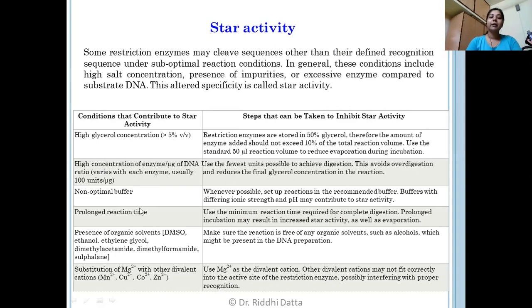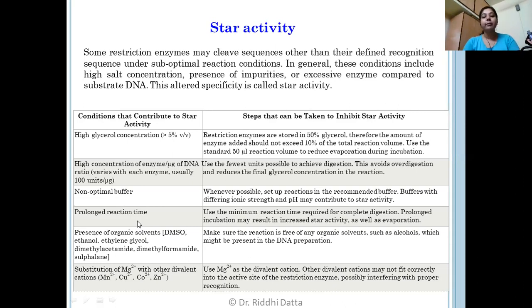The correct buffer has not been used. That can also happen. Or we have incubated the enzyme and the DNA together for a prolonged time. So in these cases, the enzyme will show non-specific cleavage activity, and we will end up with a smear with a totally chopped up piece of DNA, which is undesirable.